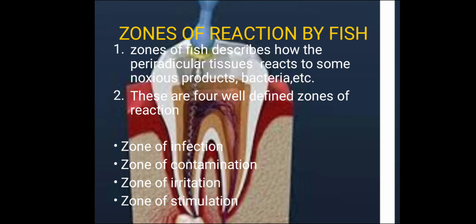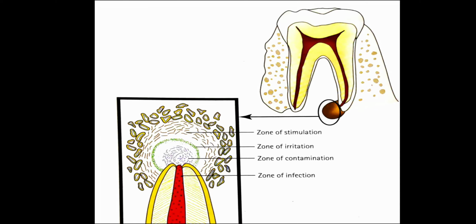We have 4 well-defined zones of reaction: zone of infection, zone of contamination, zone of irritation, and zone of stimulation. This is the zone of infection. This is the zone of contamination. This green one is the zone of irritation, and this is the zone of stimulation.